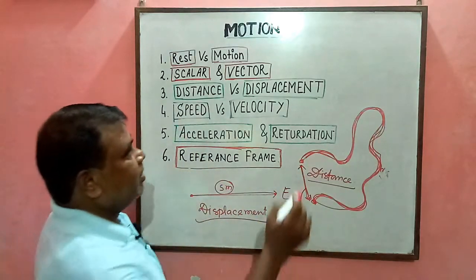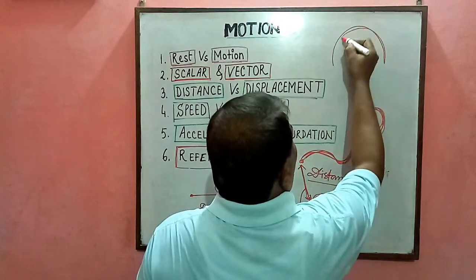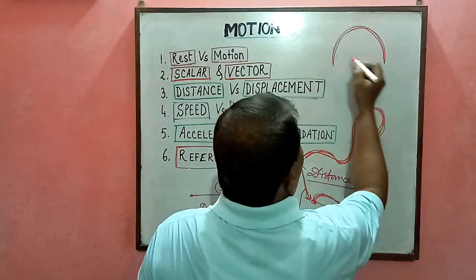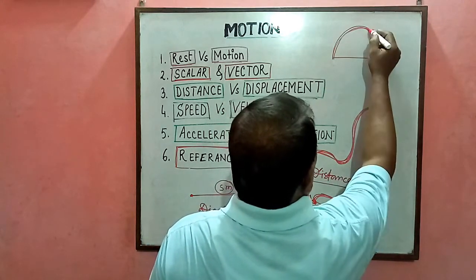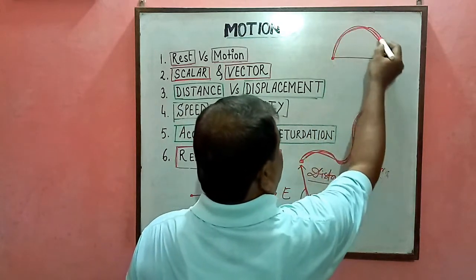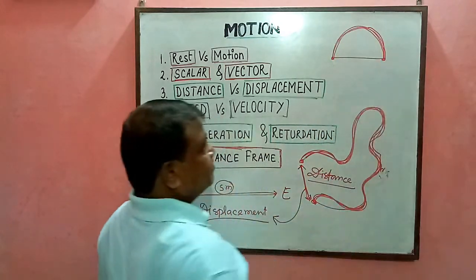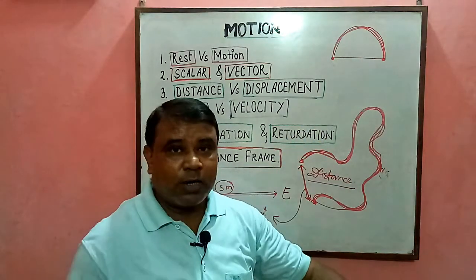The same way, if an ant is moving in a circular direction, let's say a semicircle, and an ant is moving like this. Here it is stopping. If I ask, what is the distance and what is the displacement?